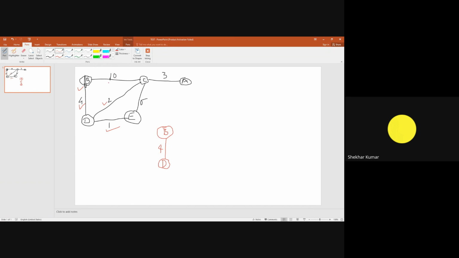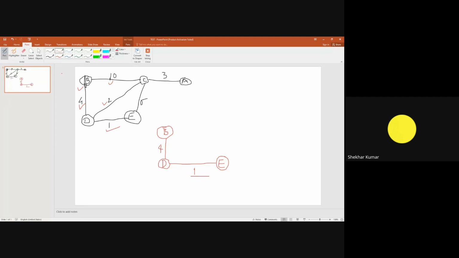We have three edges. We will select the edge which has minimum cost. So the edge D to E has the minimum cost, so we will add D to E in our minimum spanning tree, and the cost is 1.